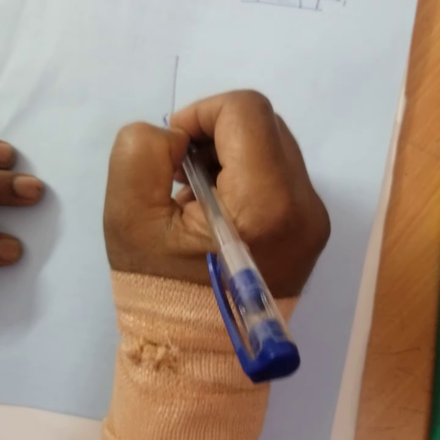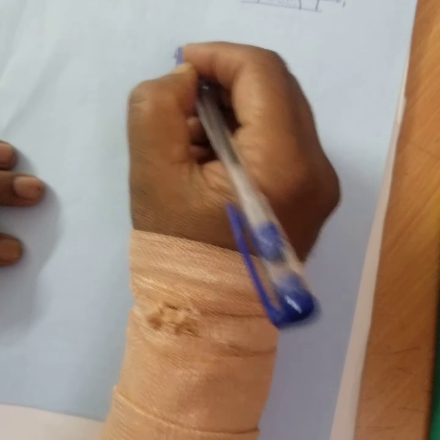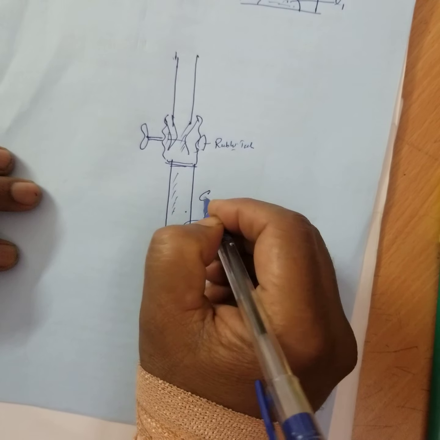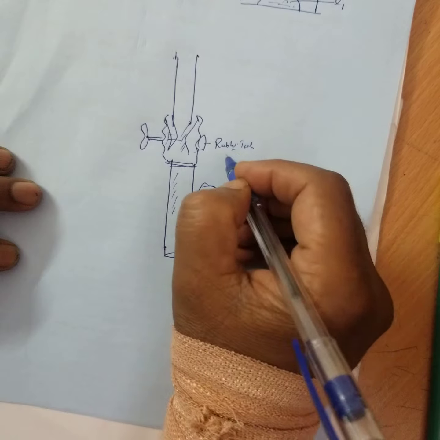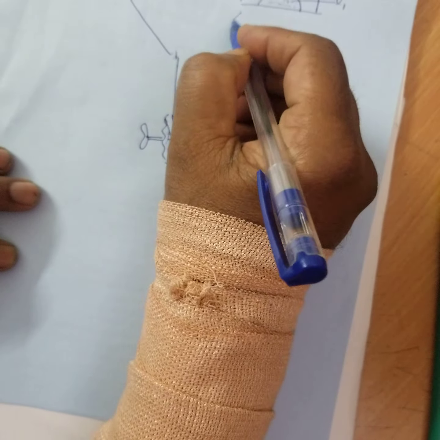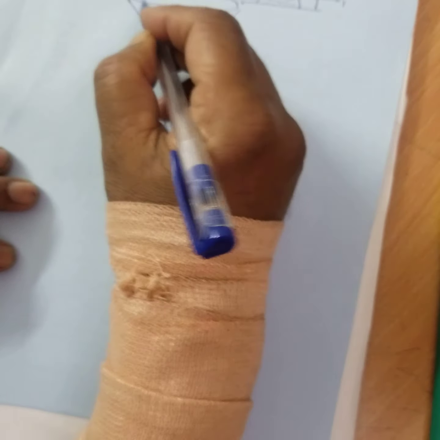How to send the water? This tube is connecting between this glass tube G and a rubber tube, and this is connected to a funnel. This is a glass funnel.